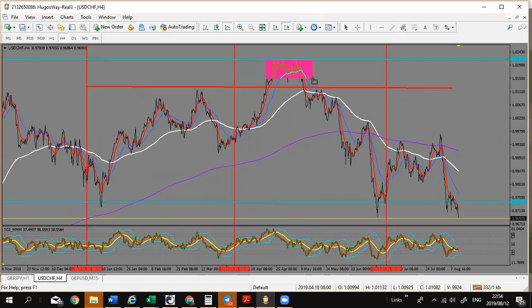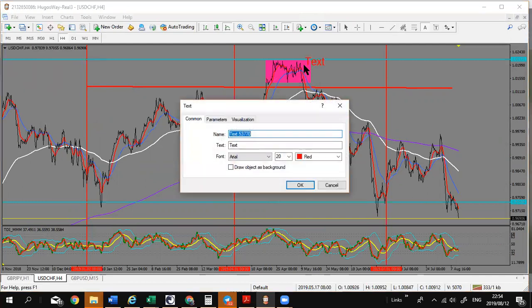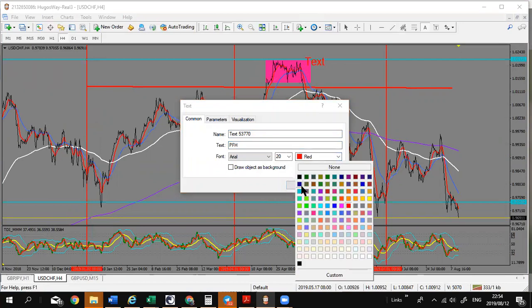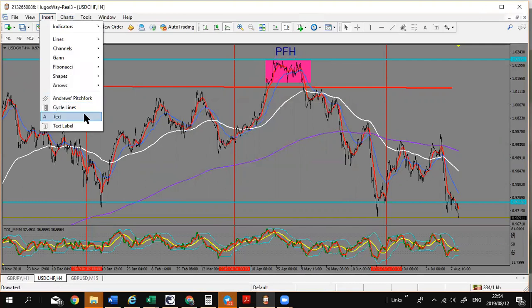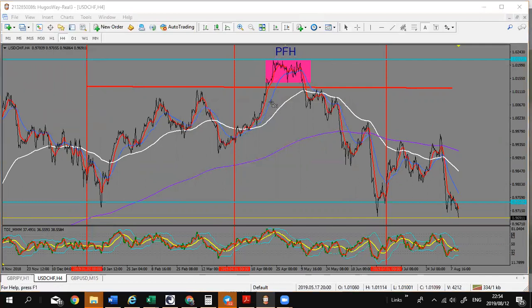This is our peak formation high. And obviously it's level three consolidation.